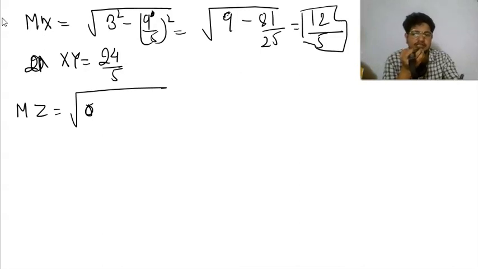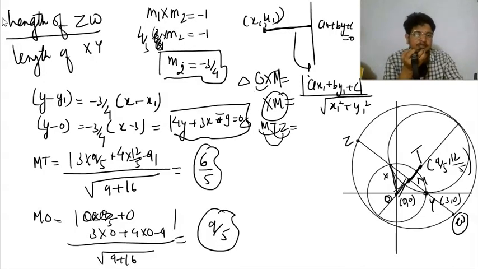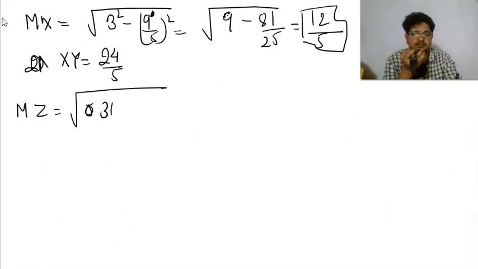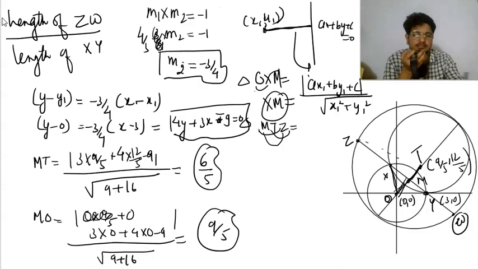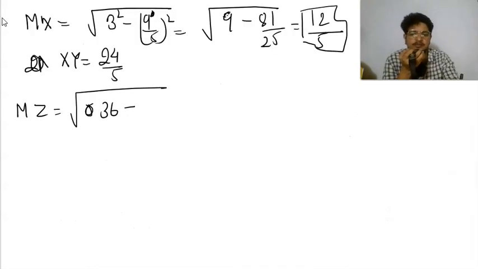So let's take the triangle mtz. We already know the distance of this, because it is the radius of circle c3, so it gives 6 square, which is equal to 36, minus this distance, 6 by 5 squared, which is 36 by 25.